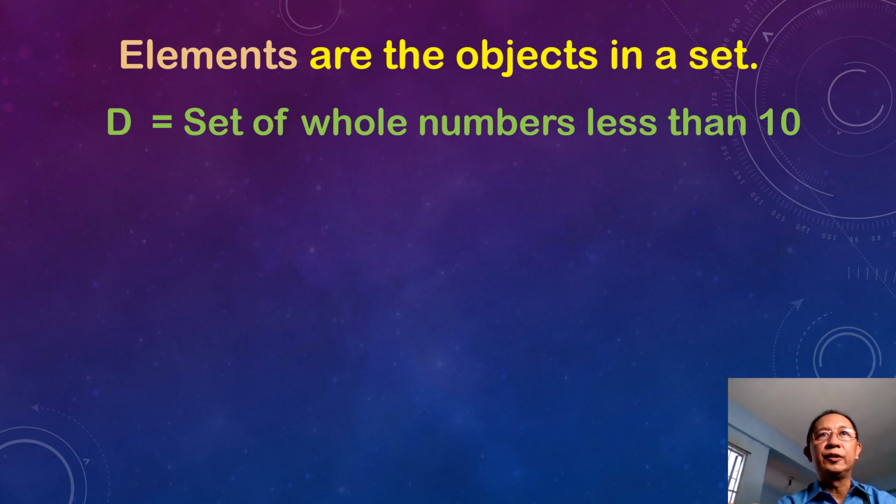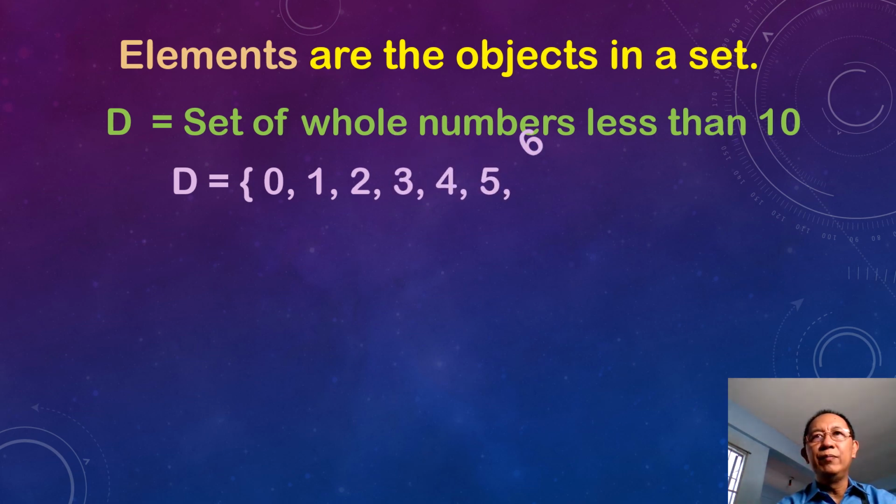So the possible elements of set D are 0, 1, 2, 3, 4, 5, 6, 7, 8, and 9. Notice that we didn't include 10 because the restriction is whole numbers less than 10, and 10 is not less than 10. 10 is equal to 10. So we exclude 10.